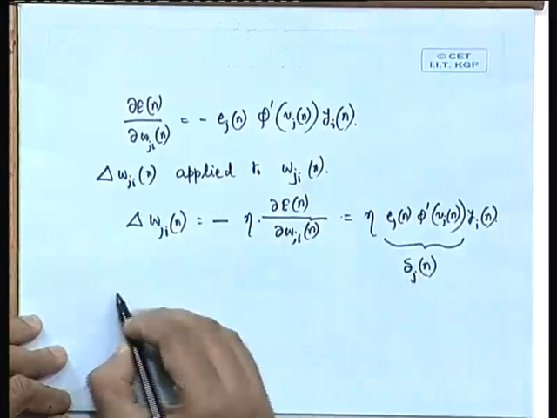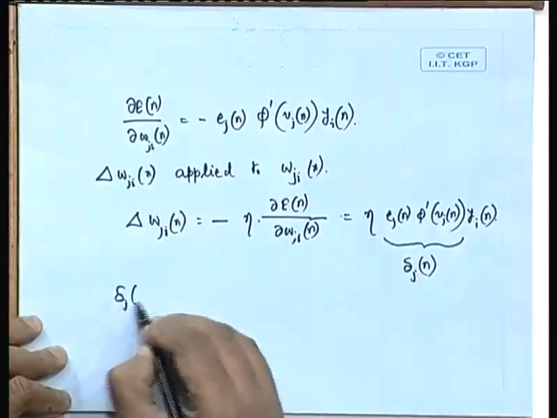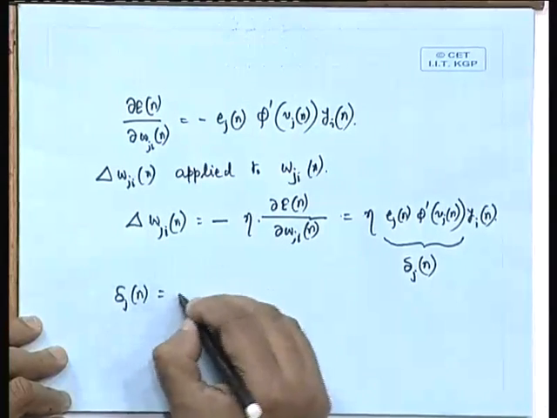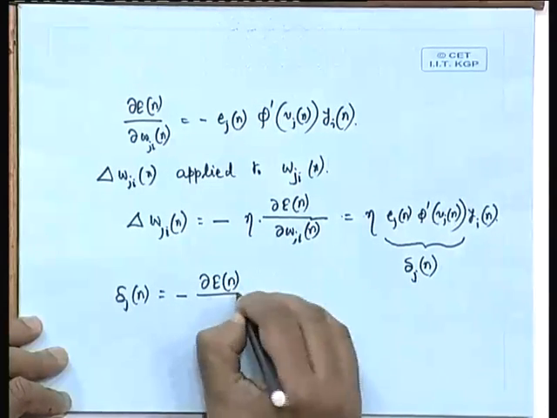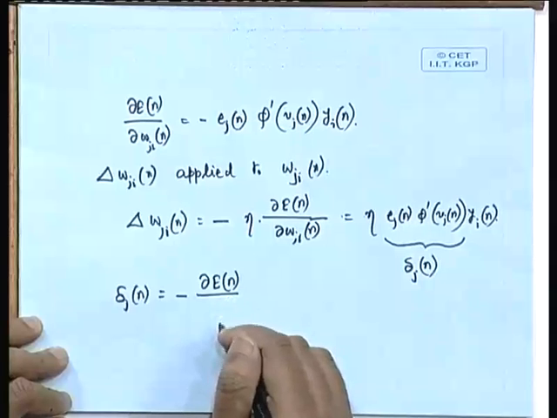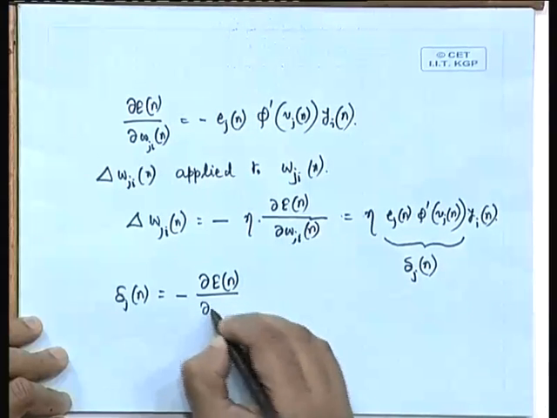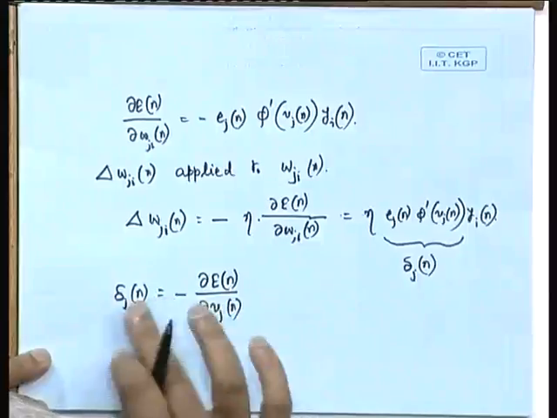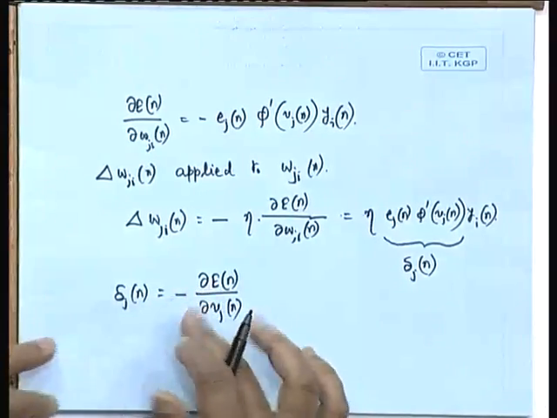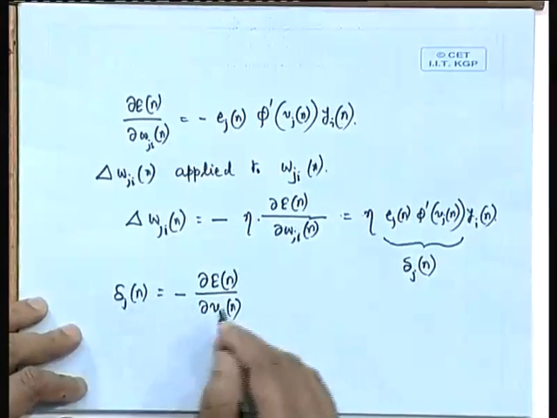Okay. Actually delta j we originally defined like this, that delta j of n will be defined as the derivative of this error energy, that is dou En with respect to dou Vj of n. That means to say what? That the derivative of the error with respect to the activation input, which is nothing but this term delta j that we are going to write.